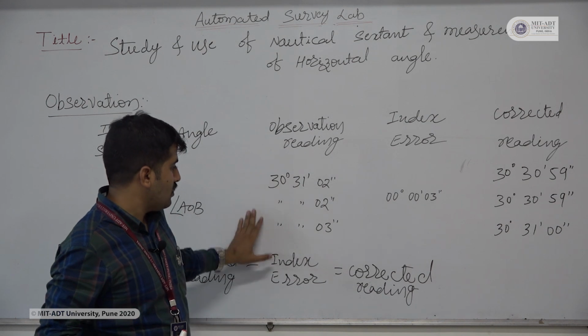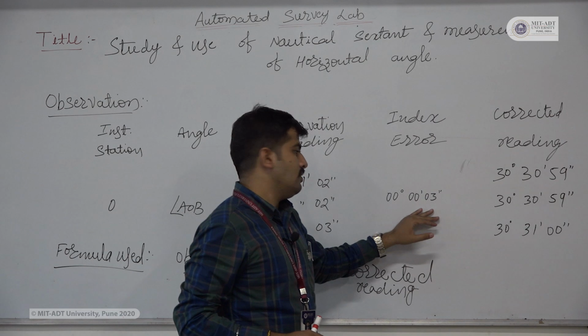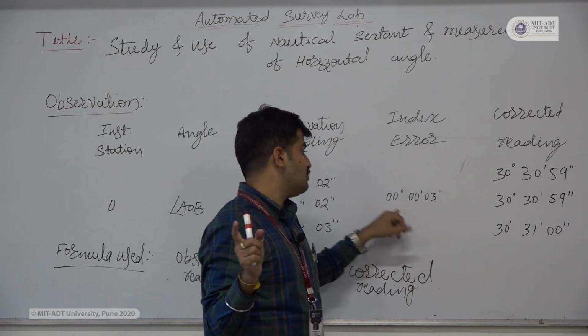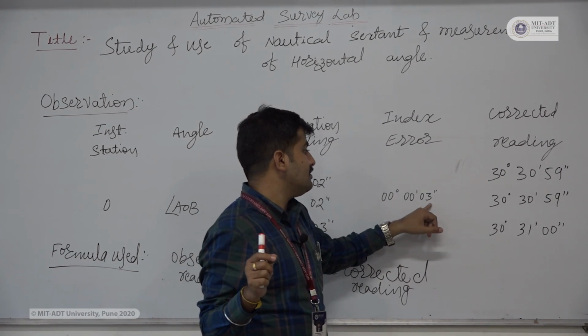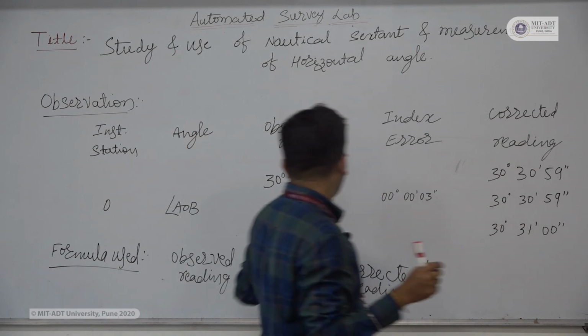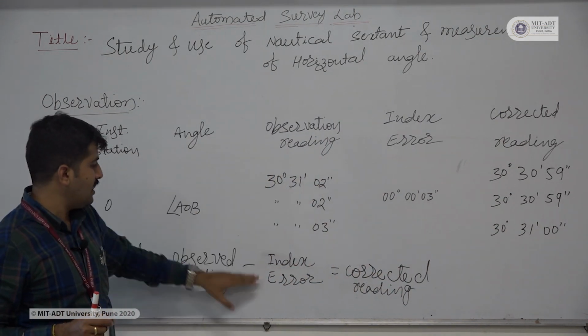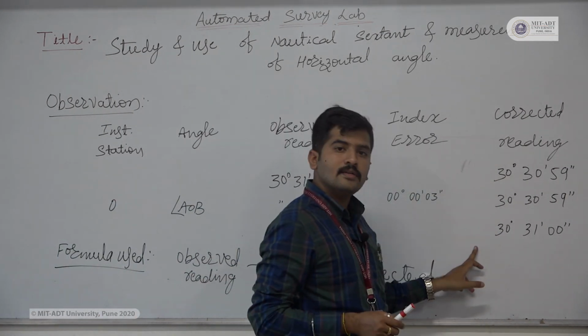We consider all 3 values, and the index error was this. Whenever you take the pointer, initially the index arm shows a minimum reading of 0 degrees 0 minutes 3 seconds. So we subtract that: observed reading minus index error equals corrected reading. That is why we have recorded the corrected reading also.